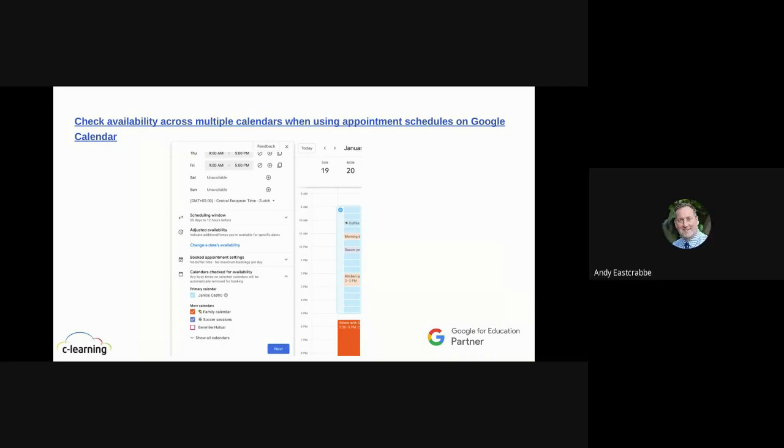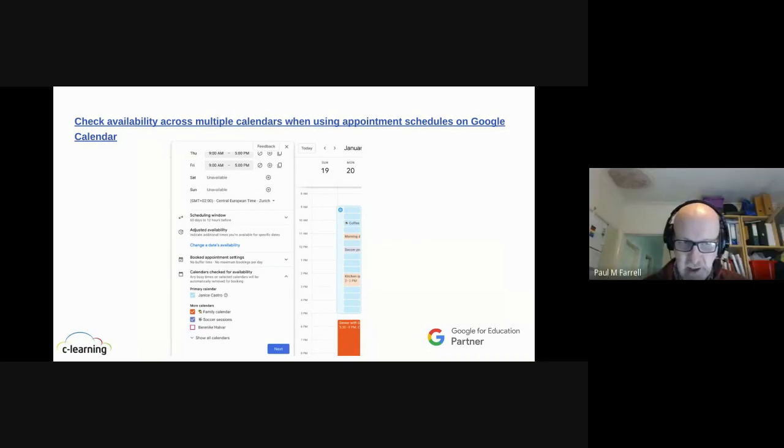Quick question on that. When I've looked at it before, can you only do it for a certain time slot, or are you on appointment schedules all the time? No, like I said, I've got a 30-minute time slot and a 60-minute time slot. I'm sure you can specify the time, because people use it for parents' evenings.